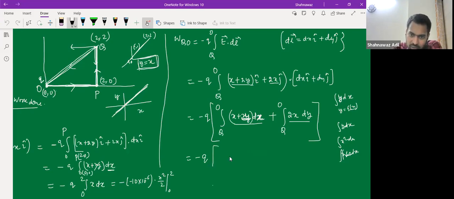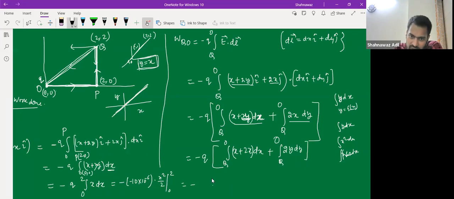Okay, so now we can write this as Q O integral of x plus 2x dx, and this is in the form of y, so we can write this as 2y dy.